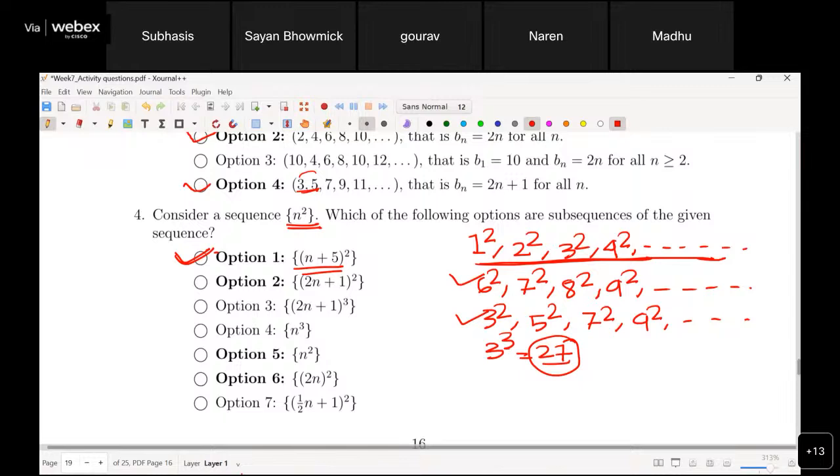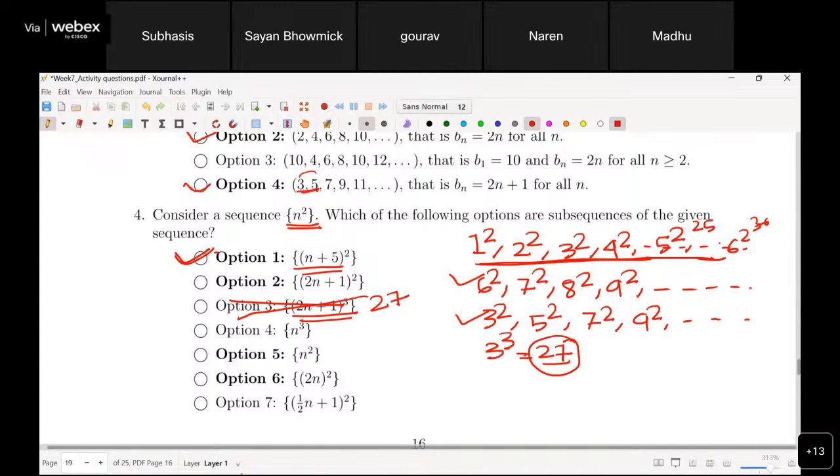After 5 square, which is 25, you have 6 square, which is 36. So 27 is not appearing in the original sequence. So this can't be a subsequence because you have 27 here, which is not in my original sequence.